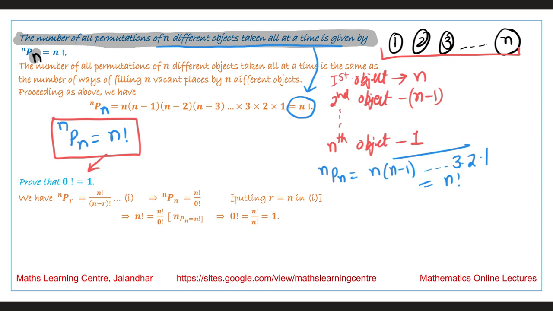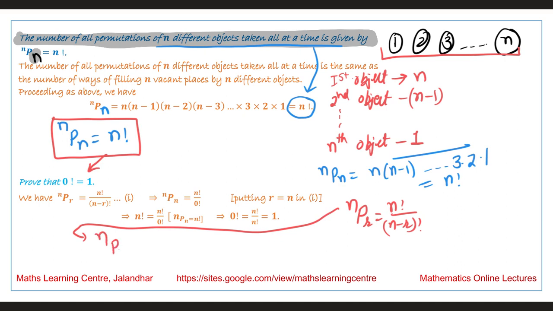1. The formula we have is nPr is equal to n factorial over n minus r factorial. Now if we use this formula to calculate the value of nPn, the answer is n factorial over n minus n factorial, that is equal to n factorial over 0 factorial.